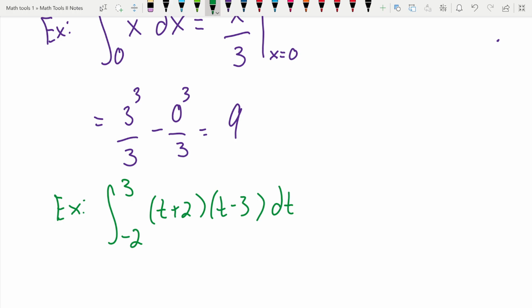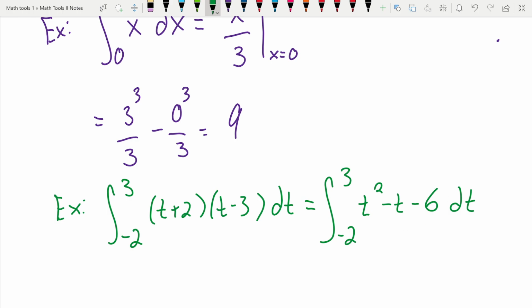We can't take the integral of these separately as a product. So we need to simplify the inside first. We need to multiply that out. So that's going to be t squared plus 2t minus 3t, so minus t, minus 6 dt.